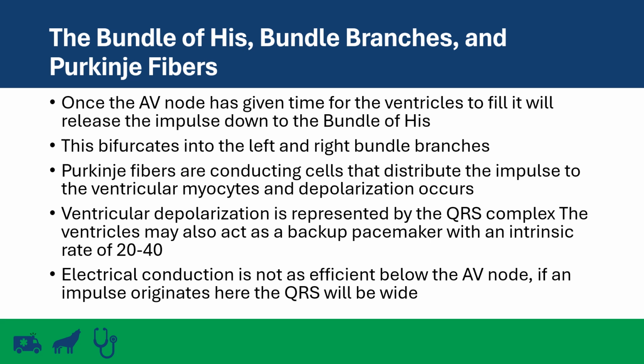A normal QRS should be in duration of 0.04 to 0.12 seconds. An impulse that originates from the ventricles, because the wiring is not as efficient within the ventricles, will lead to a wide QRS, or a QRS that is greater than 0.12 seconds.